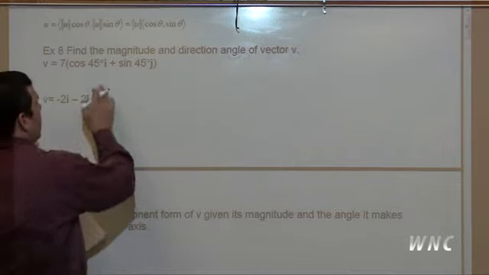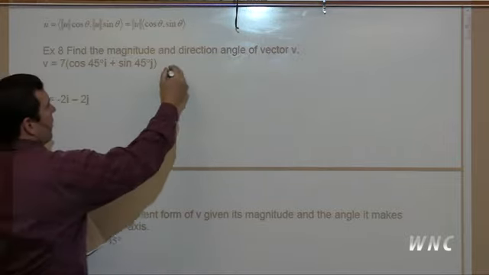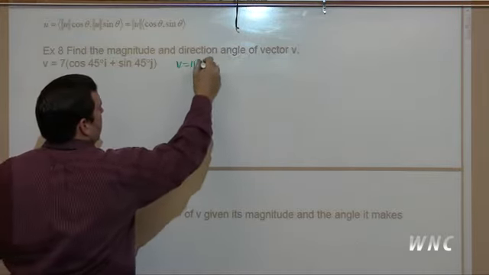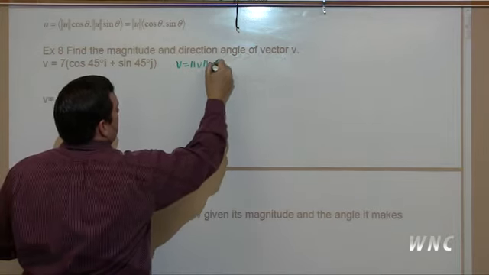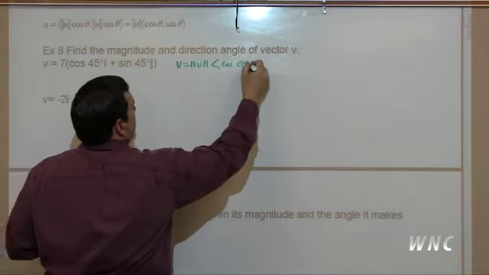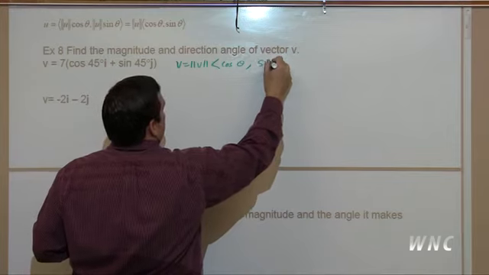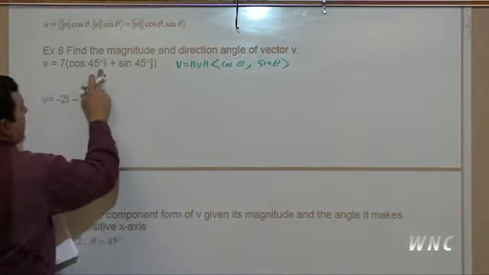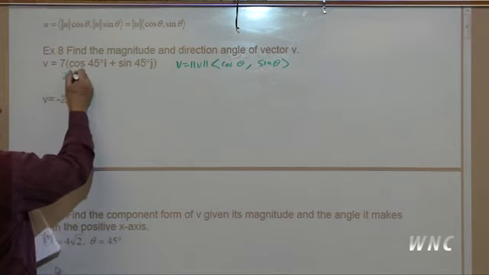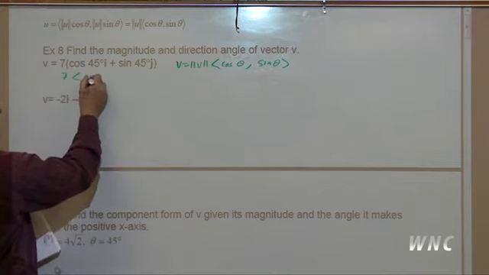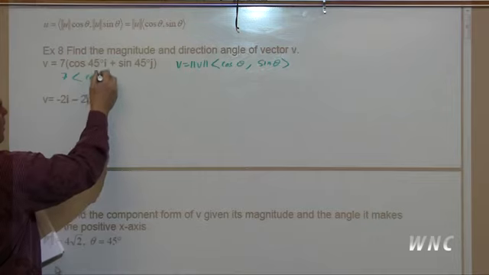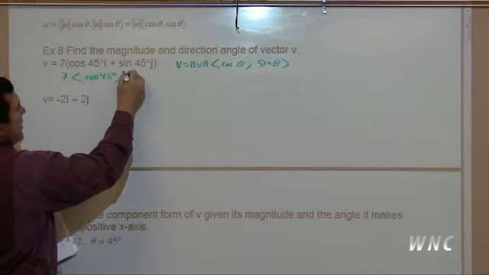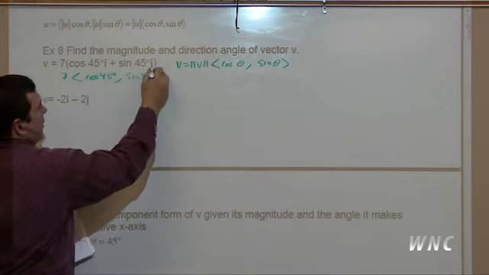The first one is kind of in the format already that we need, because v equals the magnitude of v times cosine theta, comma, sine theta. This could be rewritten as 7 times cosine 45 degrees, comma, sine 45 degrees.